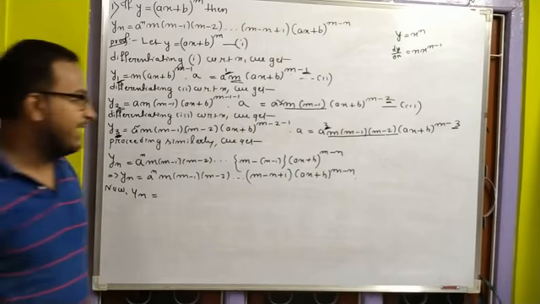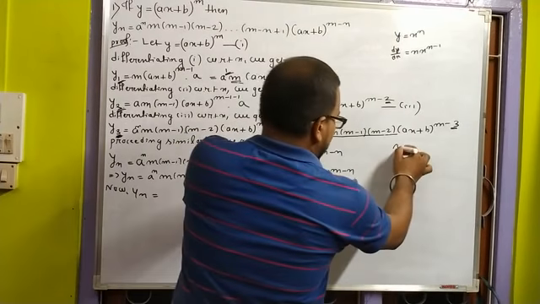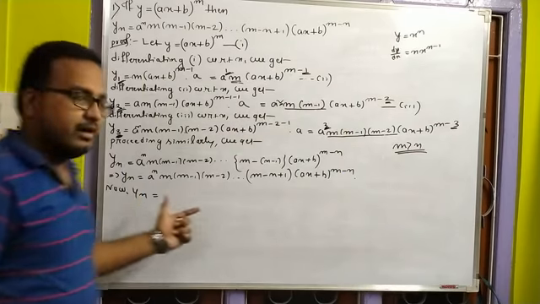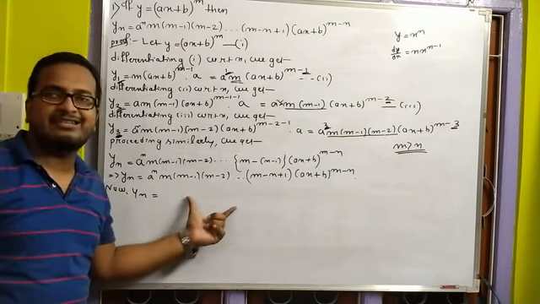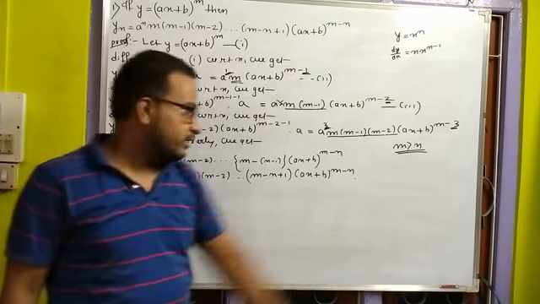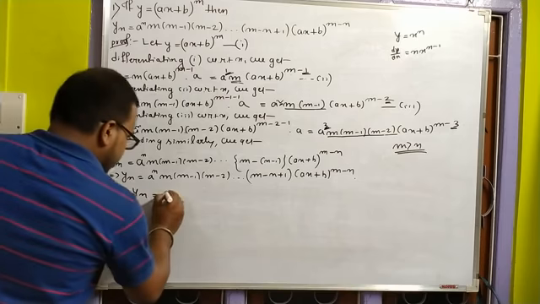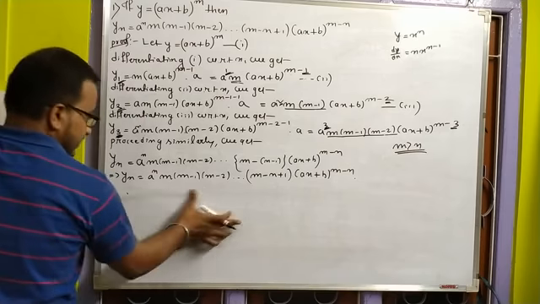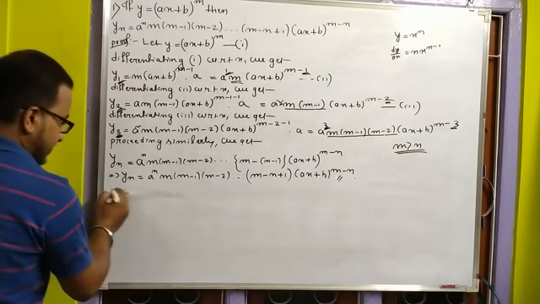When your m is greater than n, you have to find the nth term. When this condition is imposed, then m is greater than n. Now you see, this can be written like that. This is the result, or you can generalize this result like that.